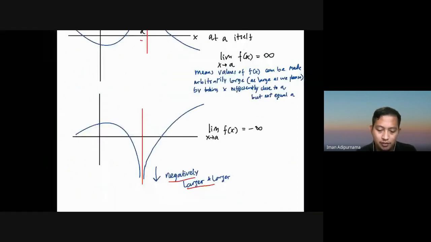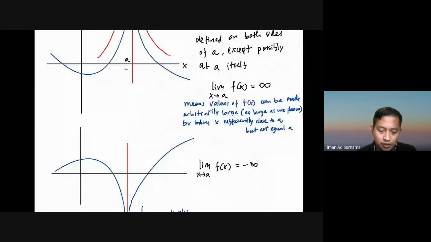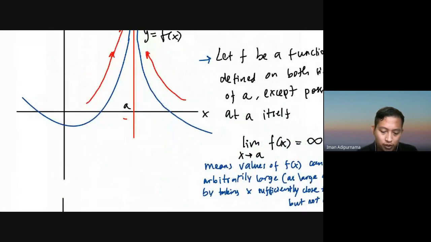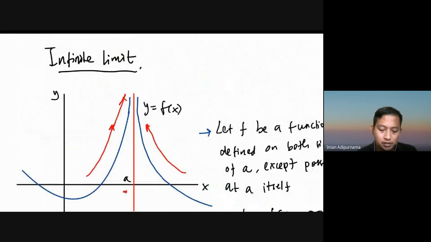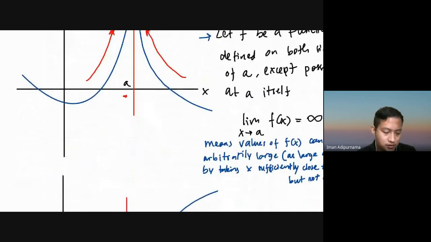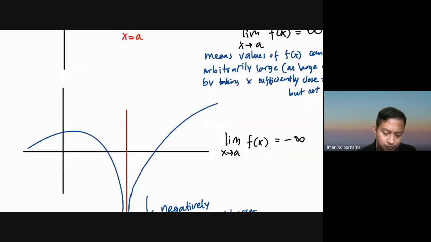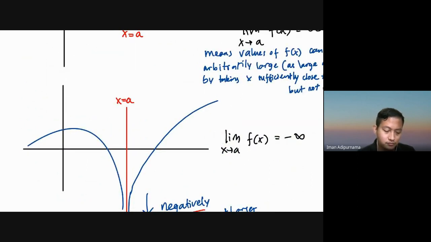And the other important point here is, you notice that when you are approaching a, you'll have this line. It's called the asymptote, right? I think you know this asymptote. So you will have a vertical asymptote.